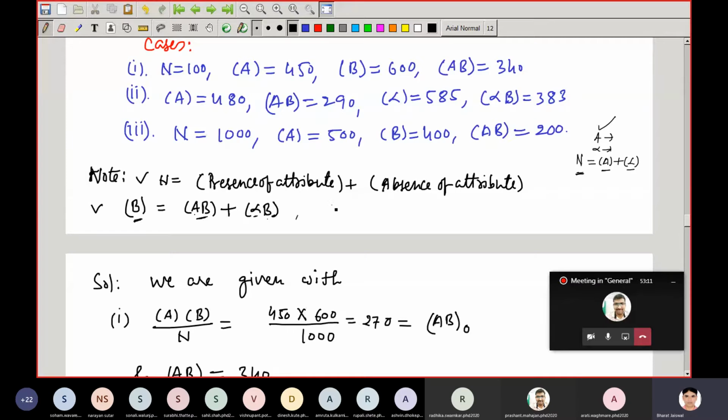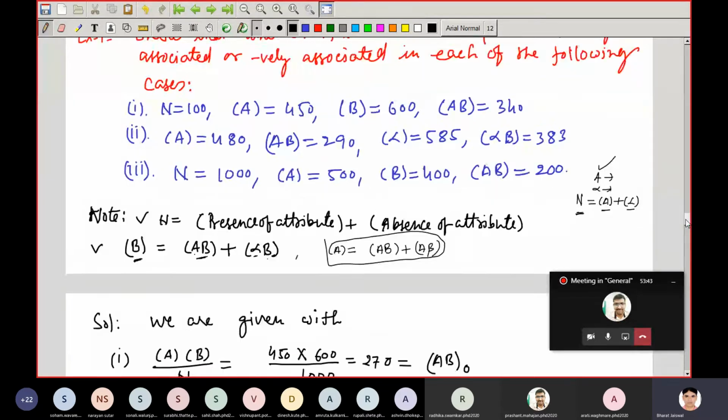Similarly, the frequency of class A, if we are having two attributes, will be this, plus this time you will have to say beta, so A beta. So these are two formulas that you have to remember. These are by axioms, so you have to remember this. So let us see one.